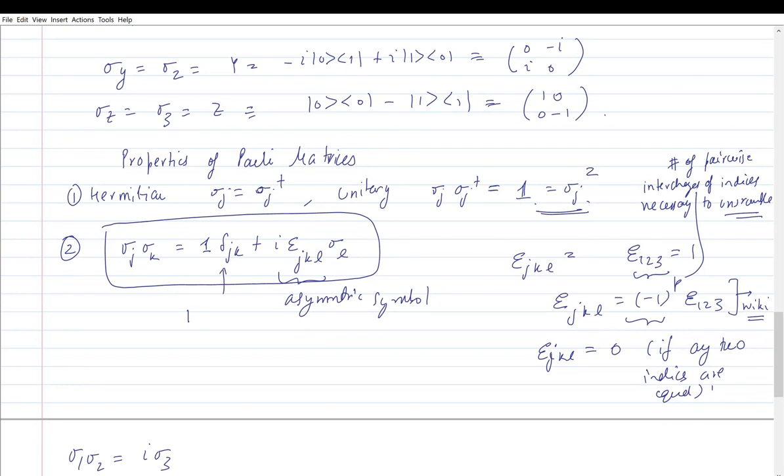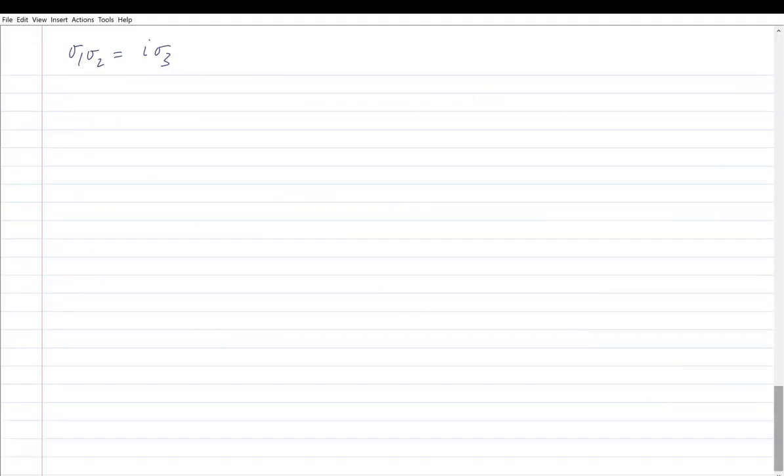This is the Kronecker delta function. Sigma 1 sigma 2 is equal to minus sigma 2 sigma 1. Sigma 1 sigma 3 equals minus iota sigma 2, which is minus sigma 3 sigma 1, and sigma 2 sigma 3 equals iota sigma 1, which equals minus sigma 3 sigma 2.